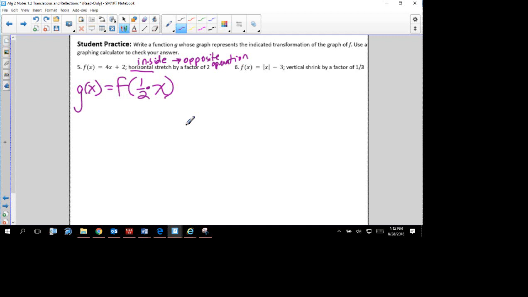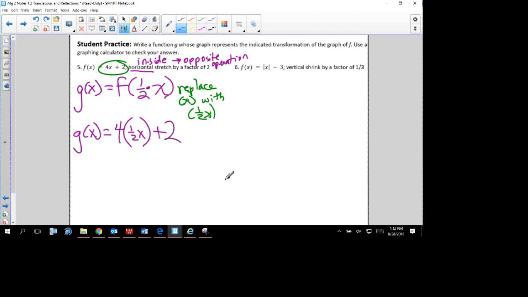Then we'll go ahead, and this is the kind where you replace x with half x. So in this equation, I'm going to replace x with half x. So I have g of x equals 4, and I'm going to replace it, half x. And then I still bring down that plus 2. That plus 2 didn't have any x in it, so you just bring it down.